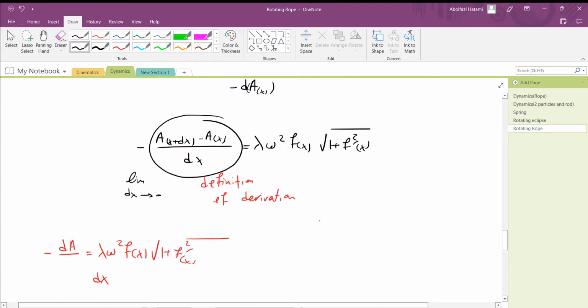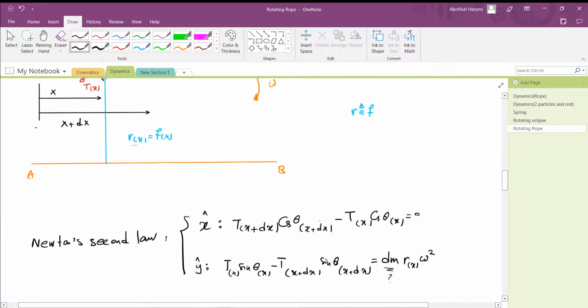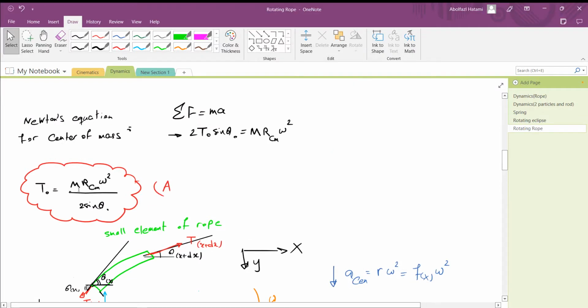And also we know that t0 is something like this. Let me copy this and paste it here.